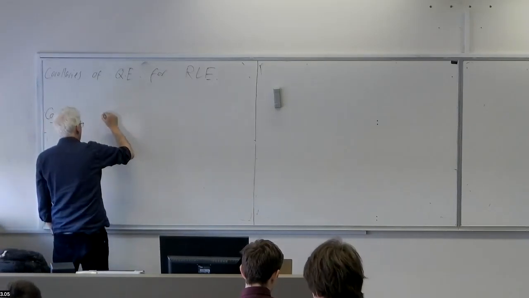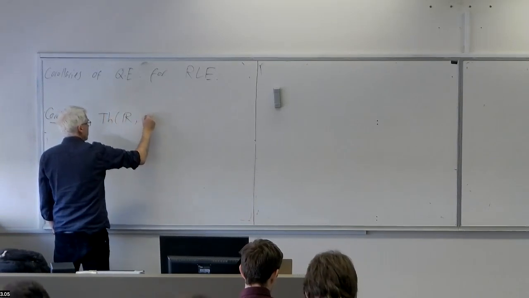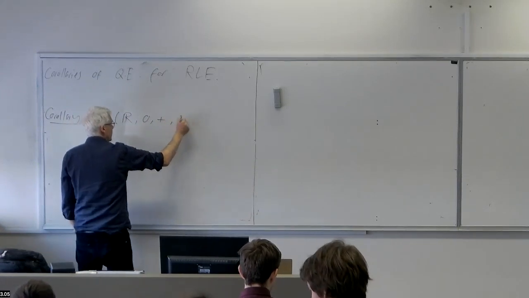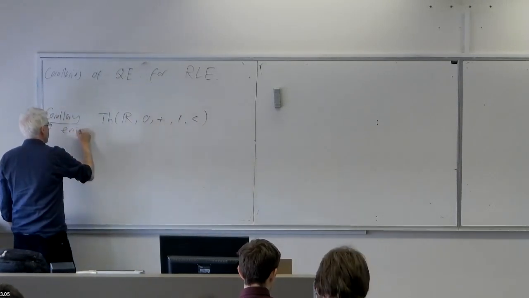And the reason for that is that the original theory we started with, the theory of the reals, with plus, not times, but 1 and less than, this theory itself enjoys quantifier elimination.